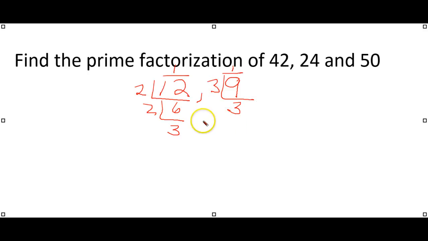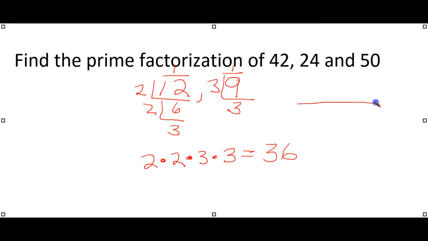So what's the greatest number of times a 2 is used in any one factorization? It's used twice. And then we have a 3 here. And then here the 3 is used twice. So the greatest number of times is 2 times. So I get then 4 times 9 is 36. So my lowest common denominator there would be 36.